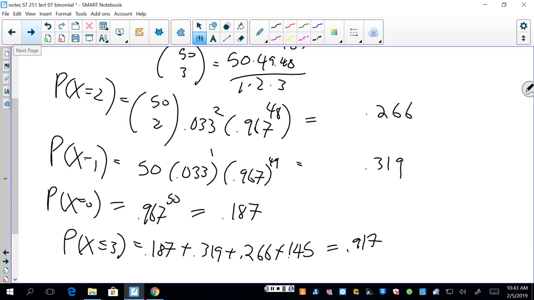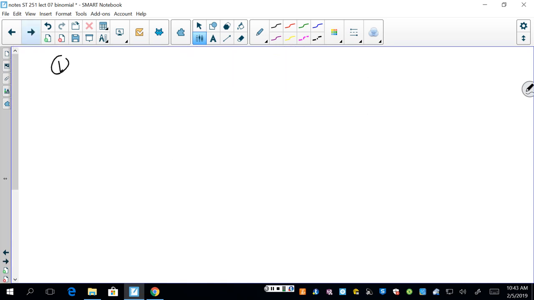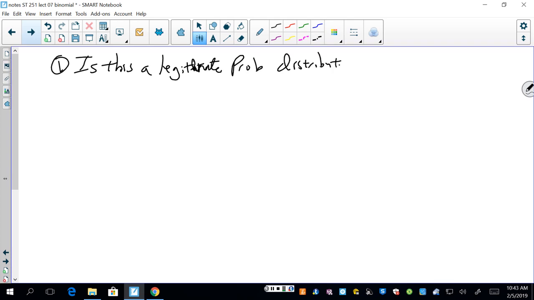So 2 questions. One, is this a legitimate probability distribution? Basically, this means that if you do the sum, do the probabilities sum to 1?